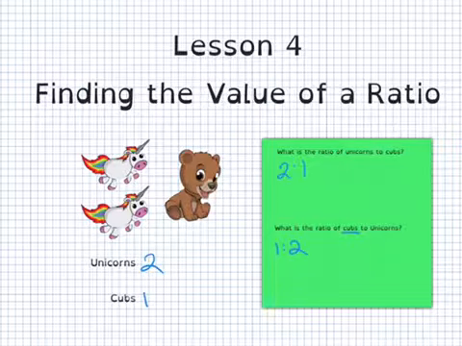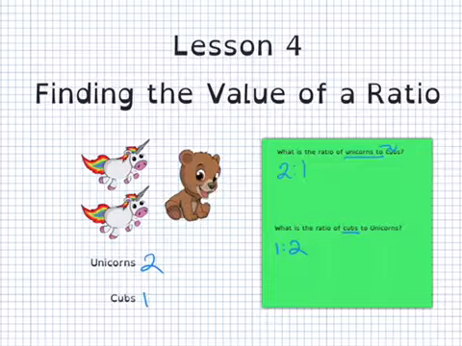So now that I've identified the ratio, now I want to figure out what is the value of the ratio. When you're doing this, you always look at what you are looking at first, because remember that it's a comparison, it's a relationship. So I want to know what is the comparison between my unicorns to my cubs. If I were to just ask you, what do you notice?